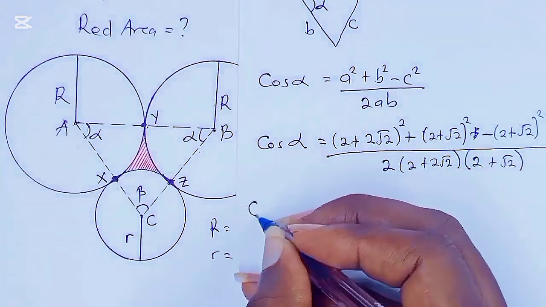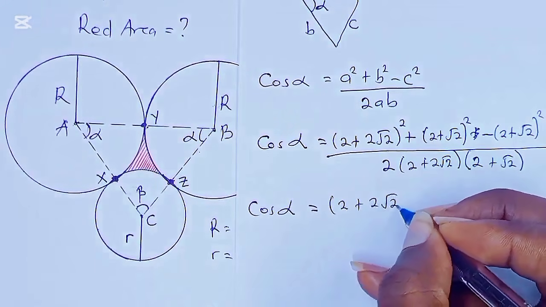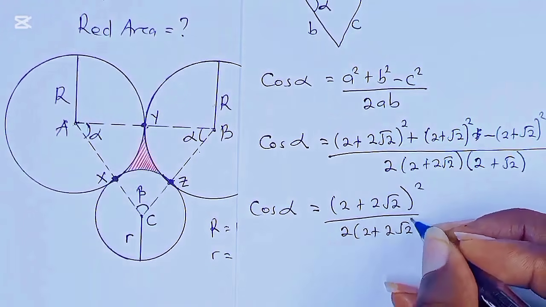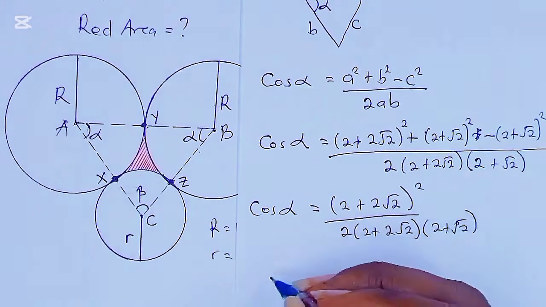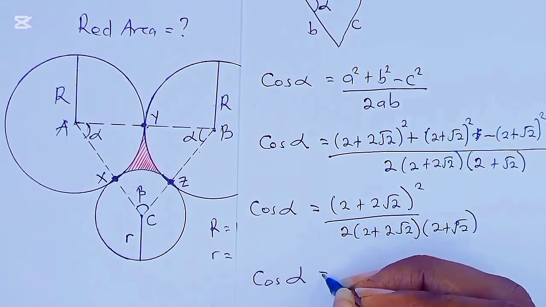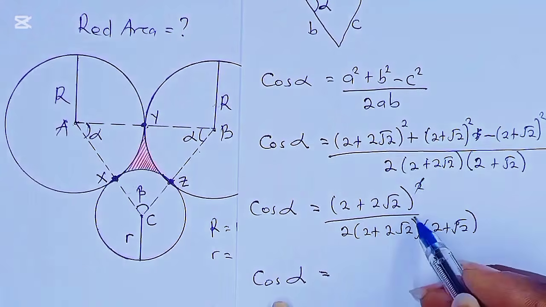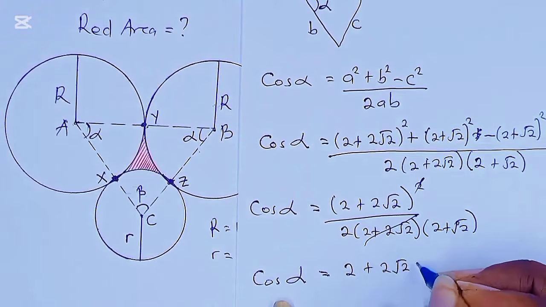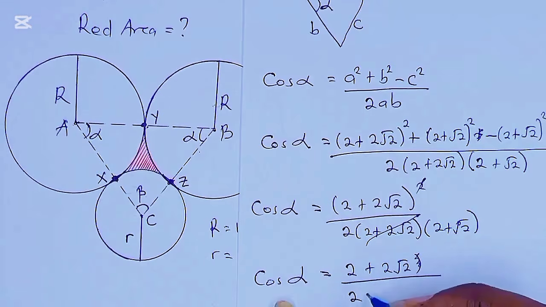So we shall have cos alpha being equal to 2 plus 2 root 2 squared divided by 2 into 2 plus 2 root 2 into 2 plus root 2. So one of these cancels with this, and we shall be left with 2 plus 2 root 2 divided by 2 into 2 plus root 2.